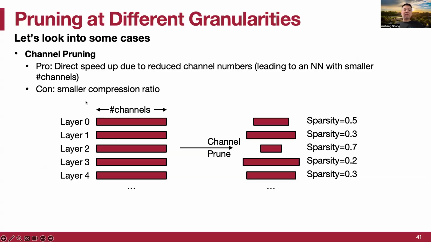But the drawback of the channel-wise pruning method is also very clear. The compression ratio is relatively smaller, right? It is easy to understand this drawback, because intuitively, different layers should have different sensitivity to the pruning algorithms.